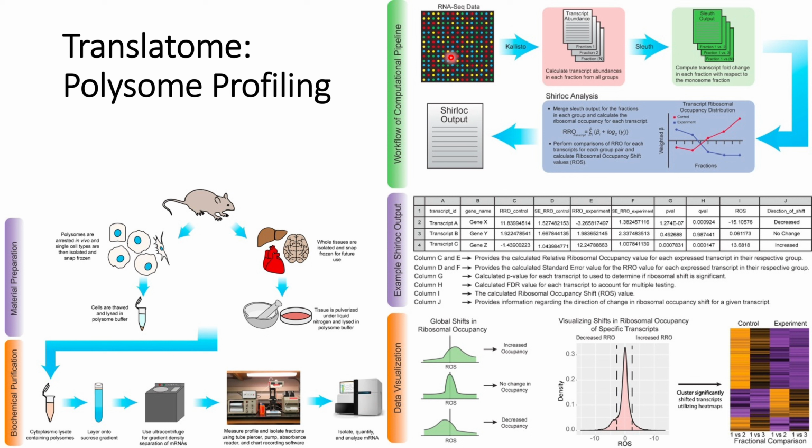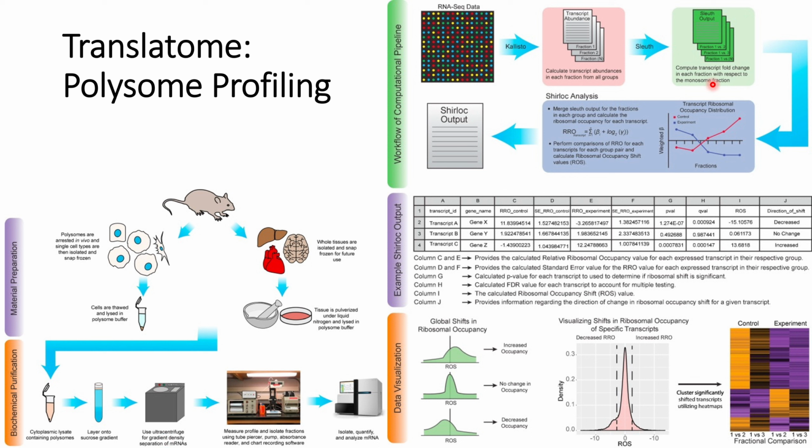These are the RNA-seq data that we obtain from the polysome samples, and after that transcript abundance is measured from different fractions, as the polysome samples are obtained from various fractions of this sucrose gradient.